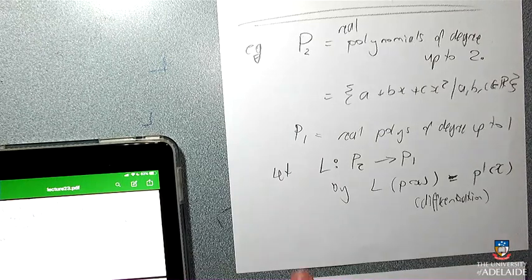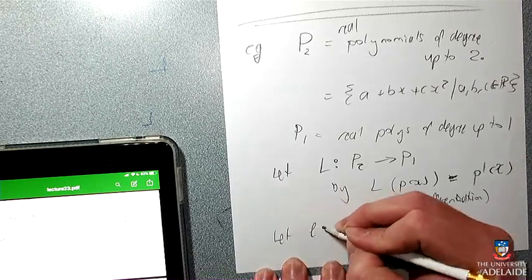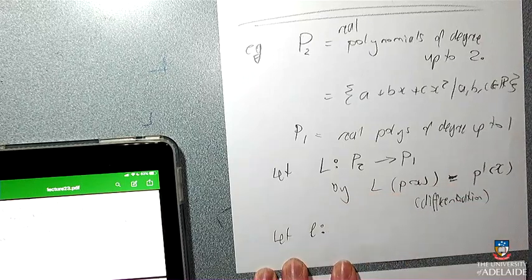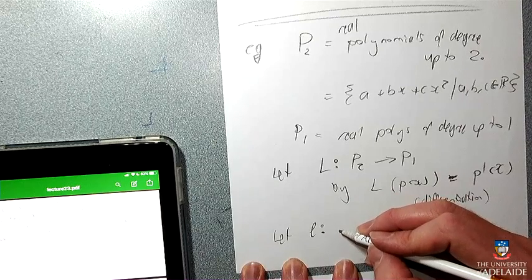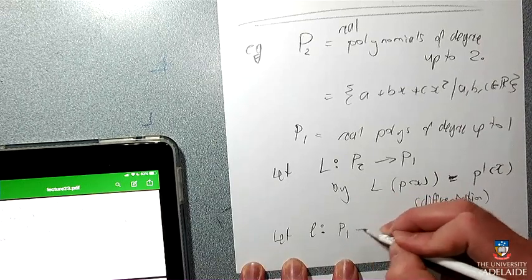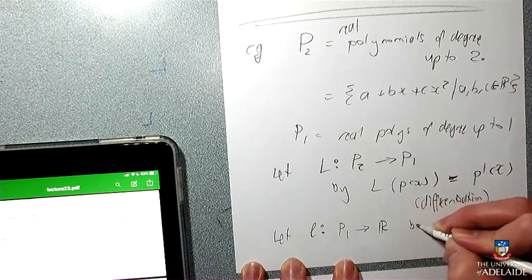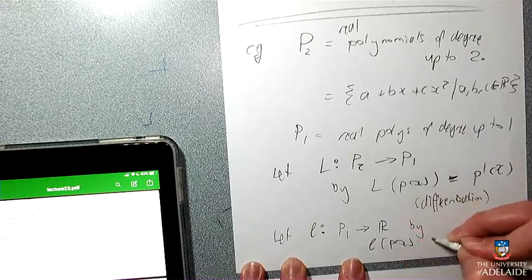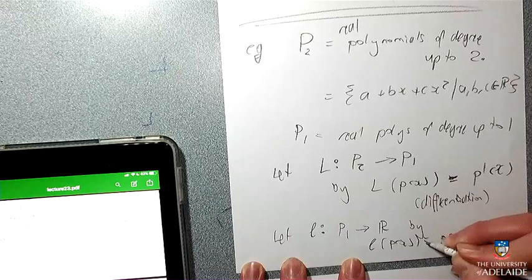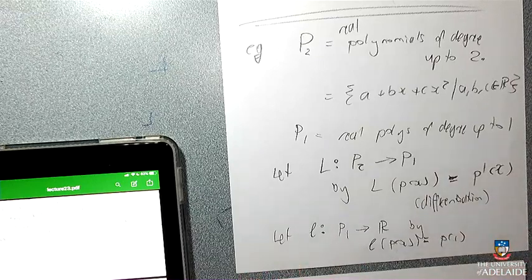And then L of P(x) is P of 1. That's a perfectly good linear transformation from the linear polynomials to the real numbers. Sub in 1 and see what you get.